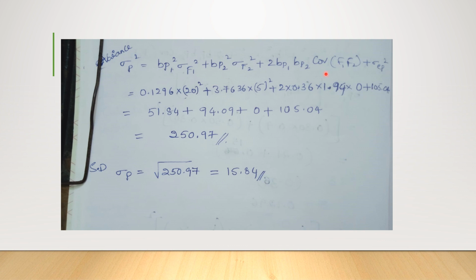Here the covariance of F1 F2 is not specified, so you can take it as 0. You need not find it out. If it is not mentioned, then it is 0. By doing the calculation, you get 250.97. So this is the variance. We want the SD, the standard deviation, so put it under the root, and you get 15.84.